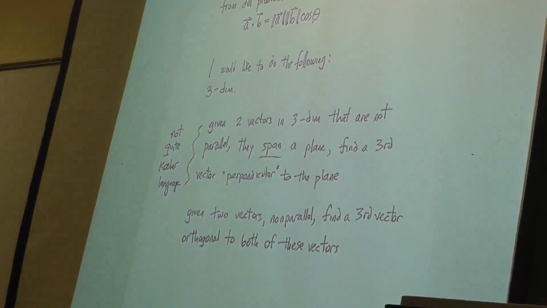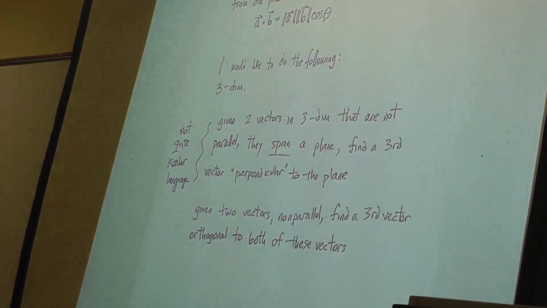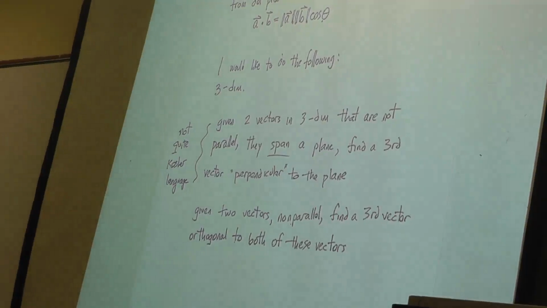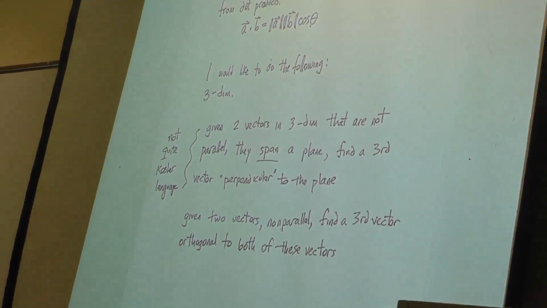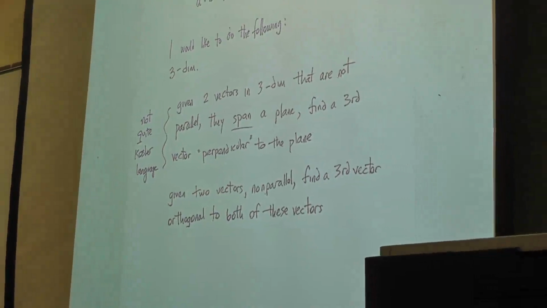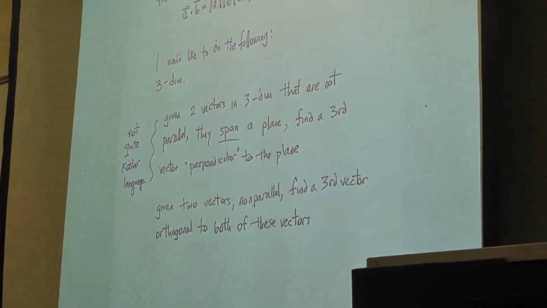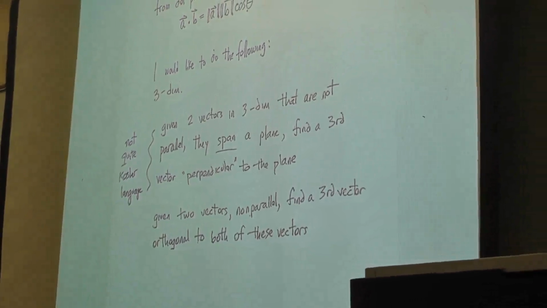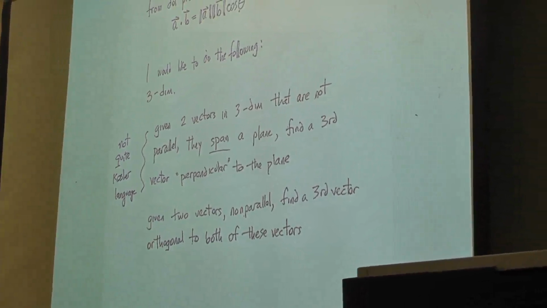Okay? Now, we know what orthogonal means. It means 90 degrees, and in terms of dot products, it means 0. So I'm not going to do this, but I'm going to begin it.